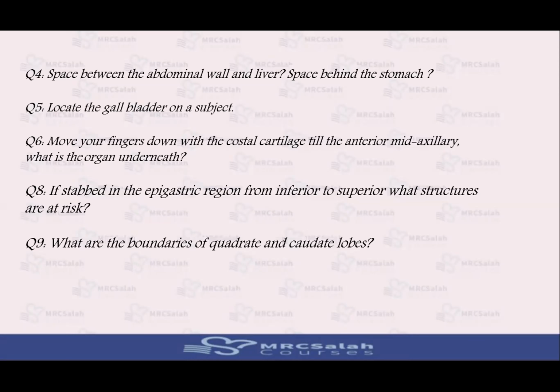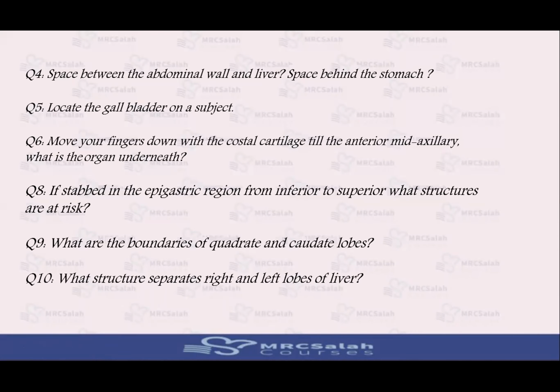To the right, the fissure of the ligamentum venosum? No, to the right is the inferior vena cava, and to the left is the ligamentum venosum, not the right. The right is the IVC. Hepatic part. Yes.